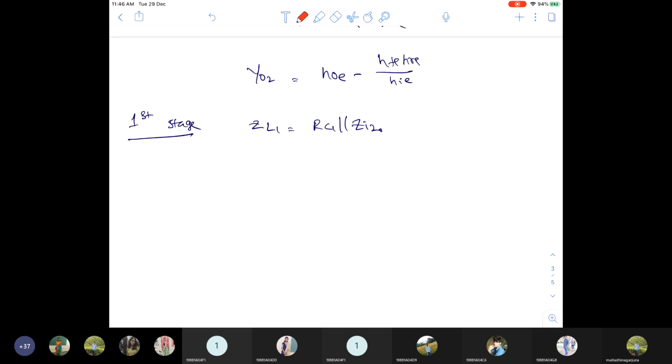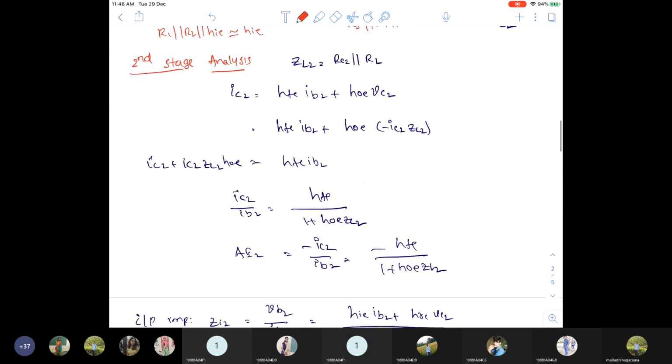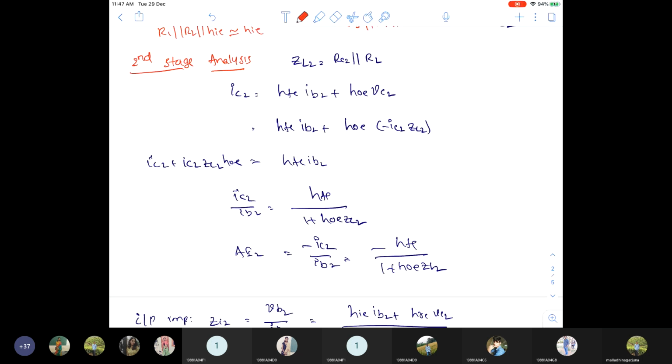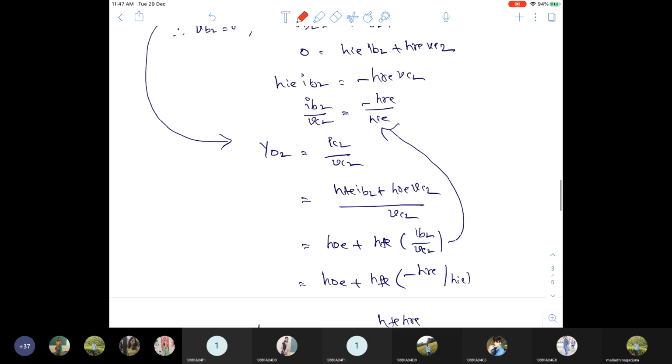So the load of the first stage will be the output resistance of the first stage in parallel with the input impedance of the second stage. ZL1 equal to RC1 parallel to Zi2. Repeat the same procedure. The only thing is the suffix 2, wherever it is, you replace with 1, because this is the first stage.